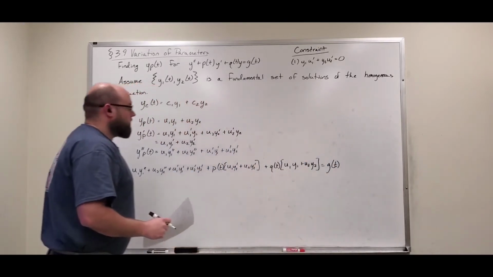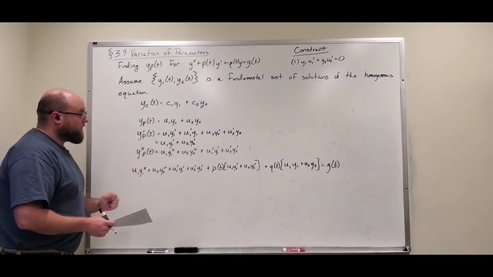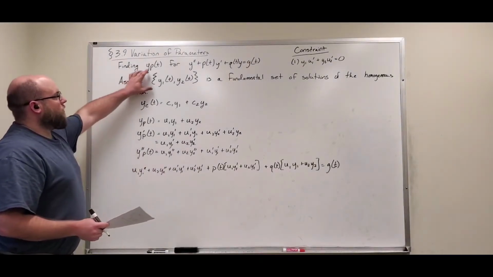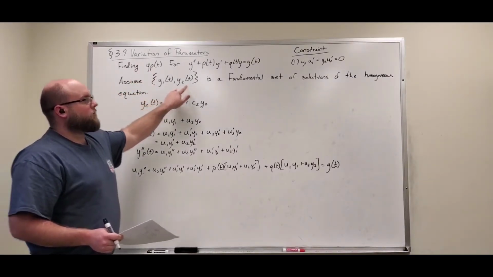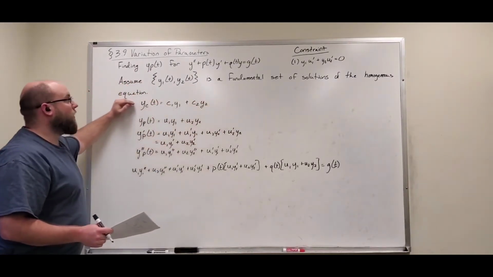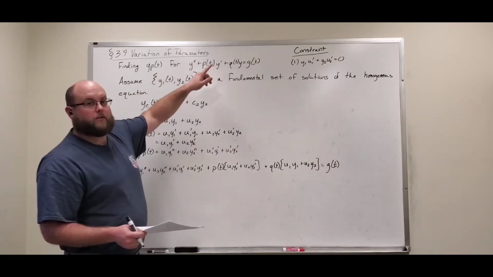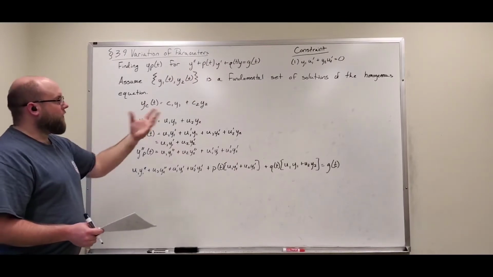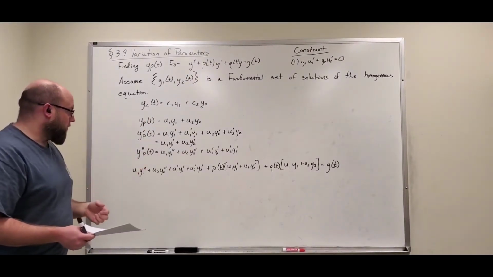Let's go through here. There are some things we can combine to help us out. Remember what we said about these two solutions: they're solutions to the homogeneous equation, meaning if we rewrite parts of this using y1 and y2, those parts go to 0 and we eliminate them from our equation.